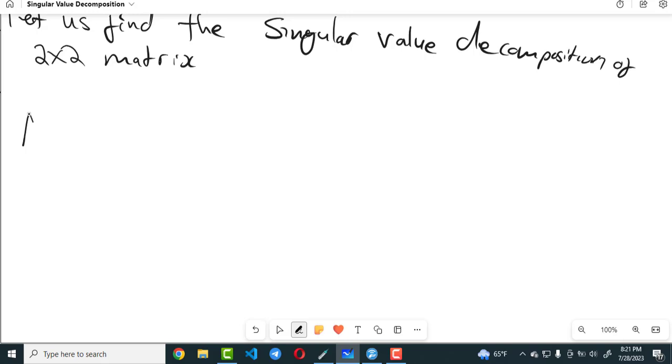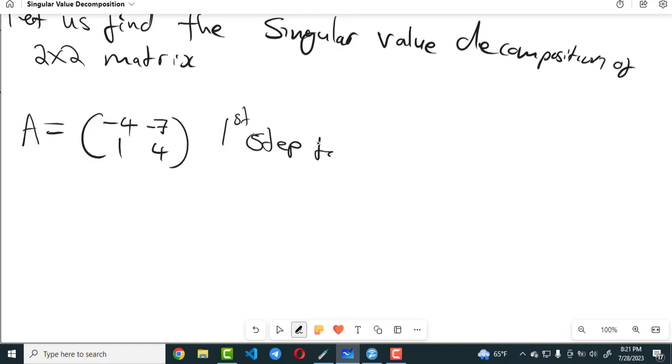So, assuming we have a 2 by 2 matrix with the components -4, -7, 1, and 4. This is our matrix. To do singular value decomposition, the first step is to find the transposition of the matrix.